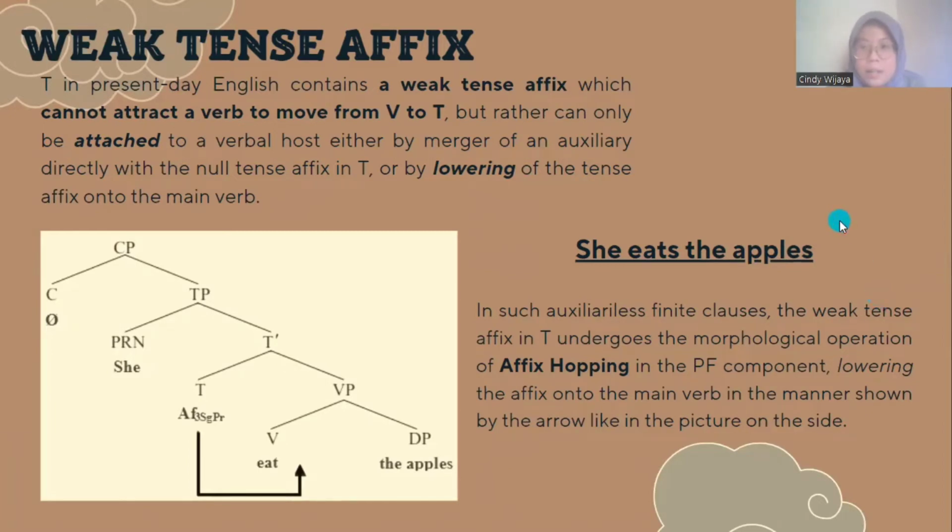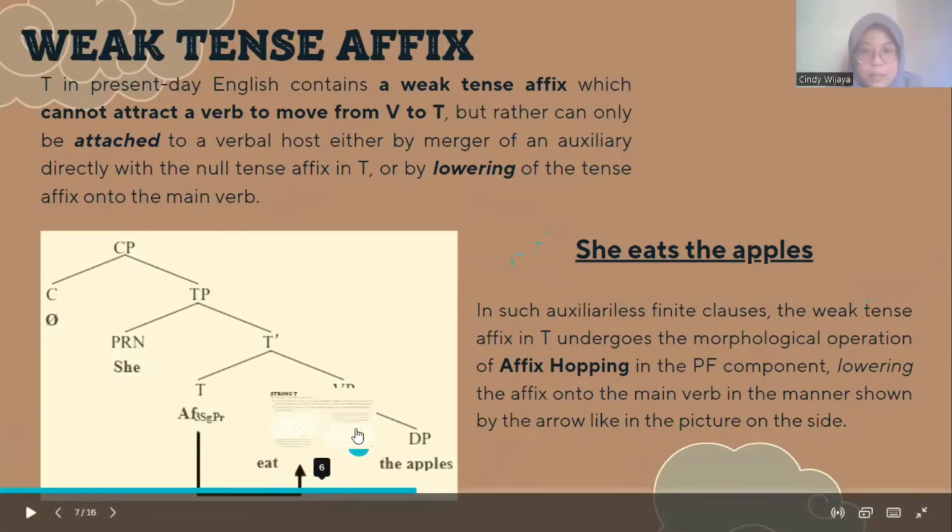Here we have the sentence, she eats the apples. So in such auxiliary-less finite clauses, the weak tense affix in T undergoes the morphological operation of affix hopping in the PF component, lowering the affix onto the main verb in the manner shown by the arrow in the picture on the side.